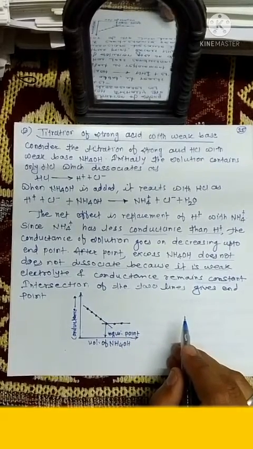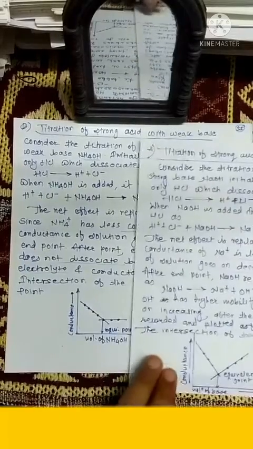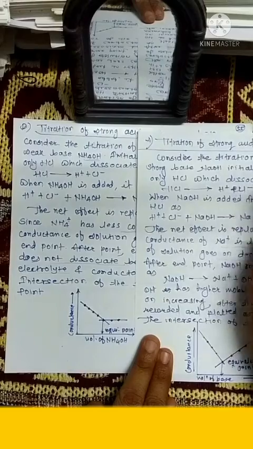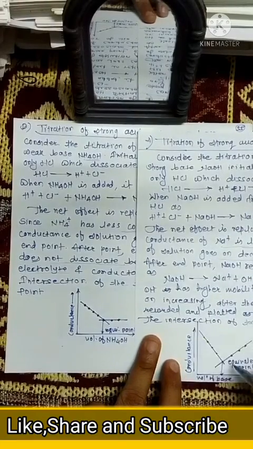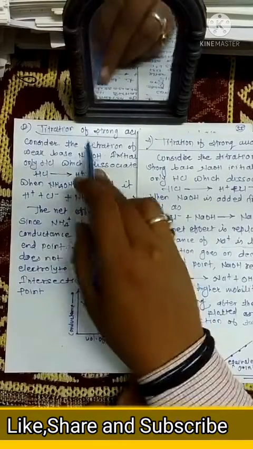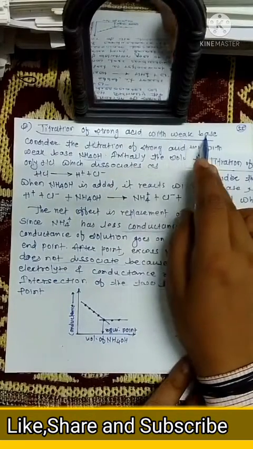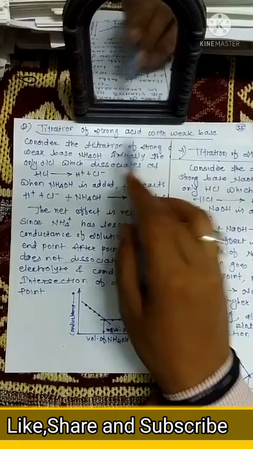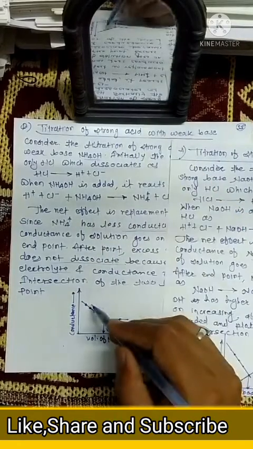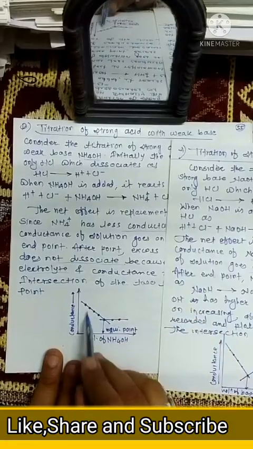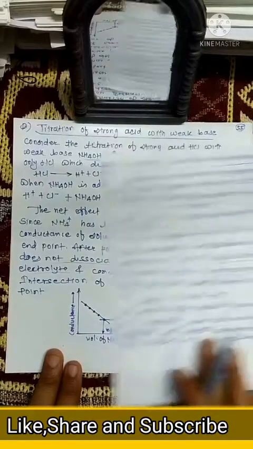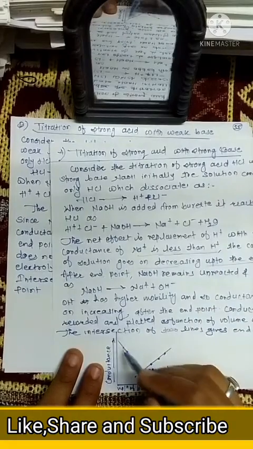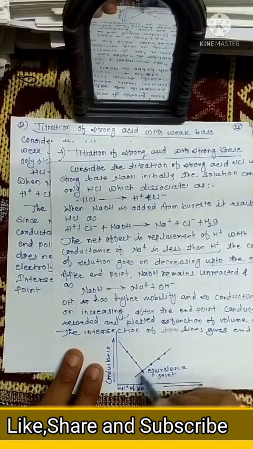Just see that in the titration of a strong acid with a strong base, the nature of the graph is different from the titration of a strong acid with a weak base. When strong acid versus weak base is taken, the graph is like this. When strong acid versus strong base is titrated, the graph is like this.